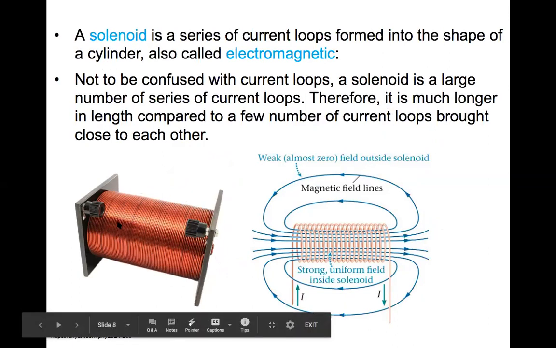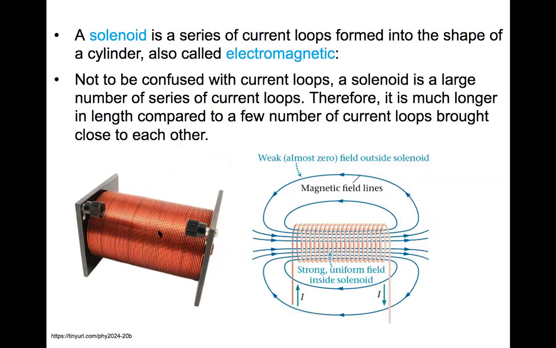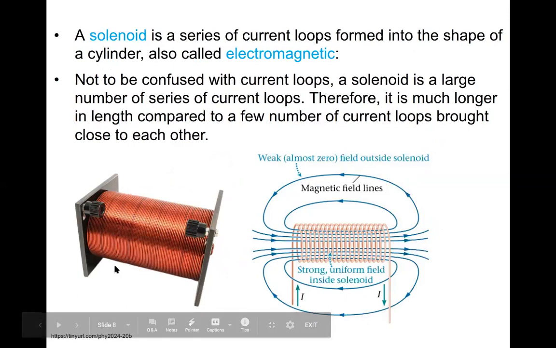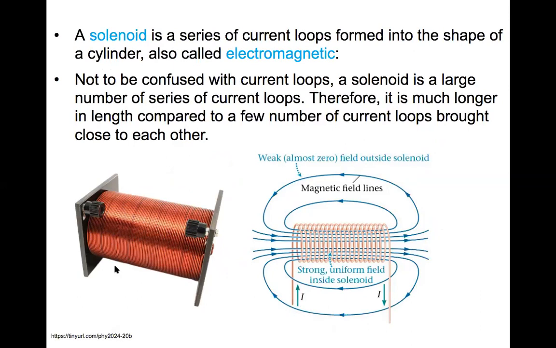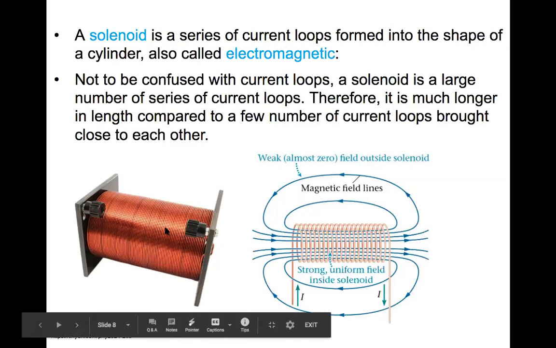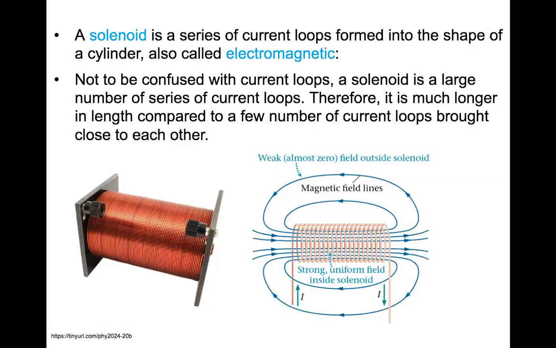You can construct this device by wrapping a very long wire. Imagine you have a very long wire, and a cylinder, as the figure shows in the middle here. You wrap the wire one turn by one turn around the cylinder, and then you have a device that looks like this.